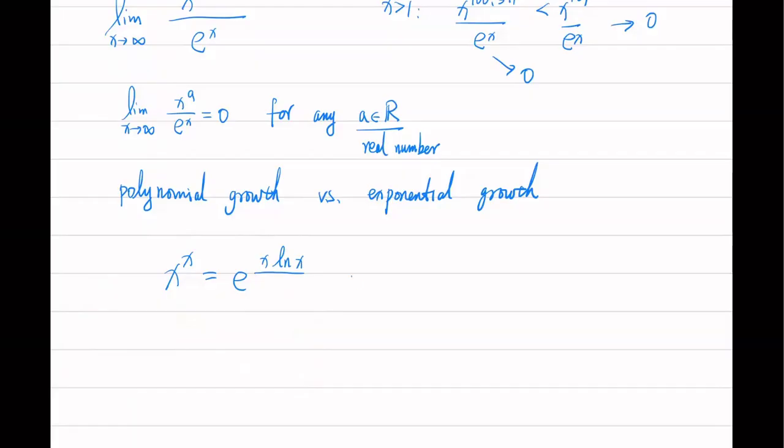So we want to compare these two functions. This function grows faster than this one because we have an additional factor that goes to infinity. So this will grow faster than exponential. Can you make something grow faster than this?